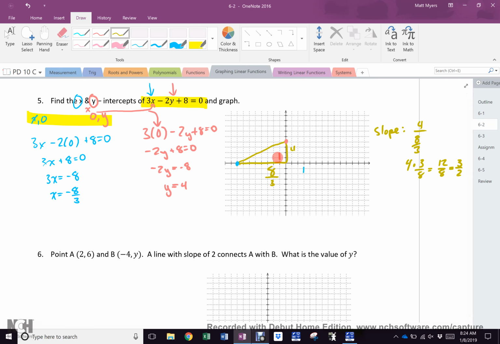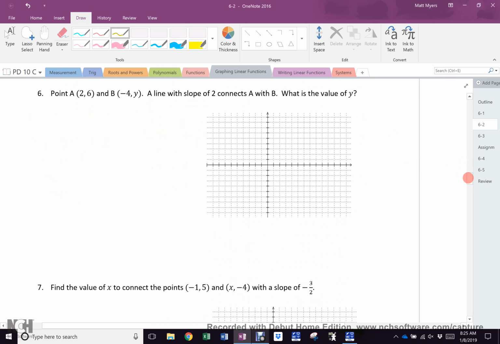Everyone is good? If you change the scale, you cannot count squares. You must remember values. Just like in Unit 5 when we were doing speed, right? We had to count 12 meters in 4 minutes or whatever it was for the scuba diver. Everybody remember that? Okay. That's the first thing we talked about, intercepts.